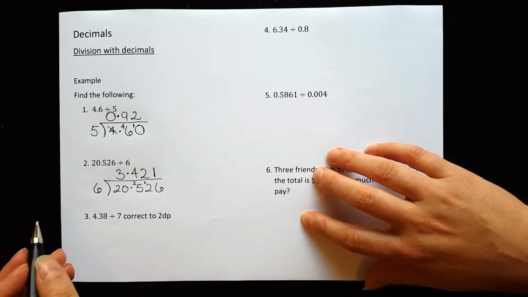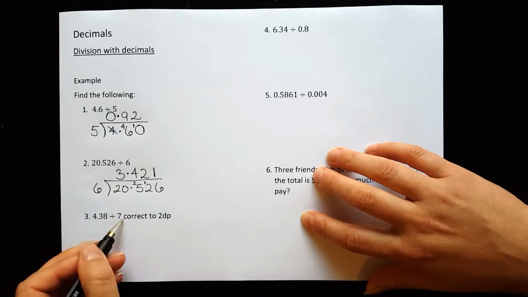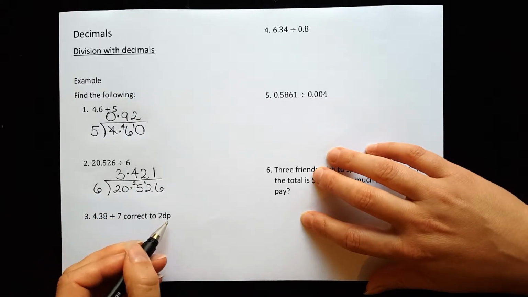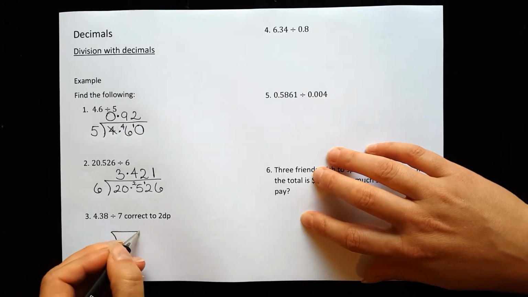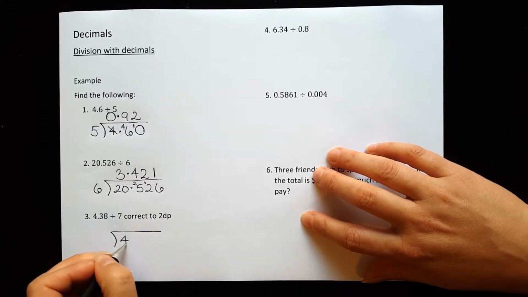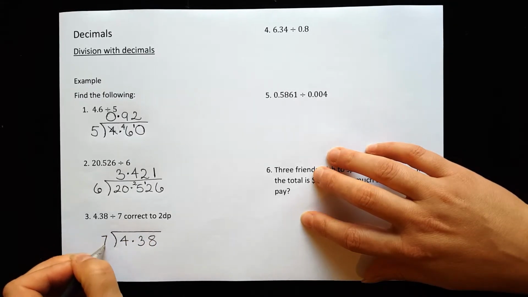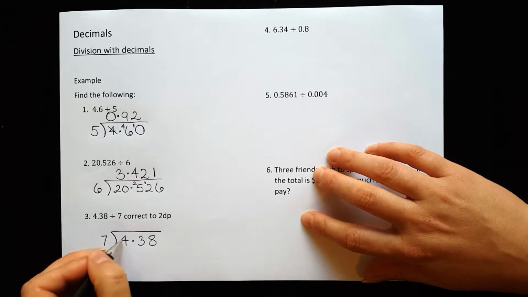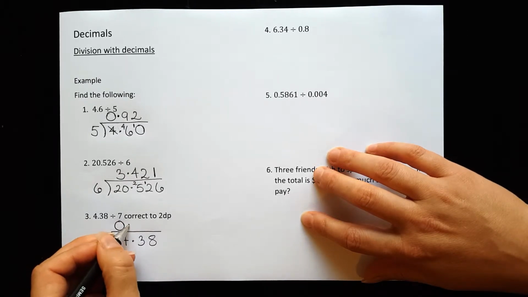For question 3, I want to divide 4.38 by 7, correct to 2 decimal places. So let's start with our big divide sign. 4.38 divide by 7. 4 divided by 7 does not go at all, so I put a 0 down, then my decimal point.